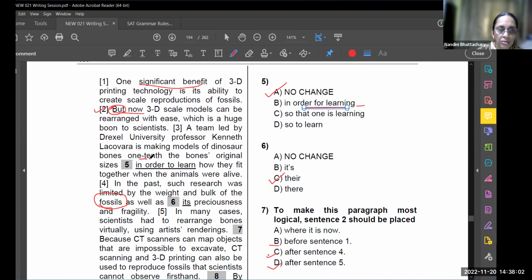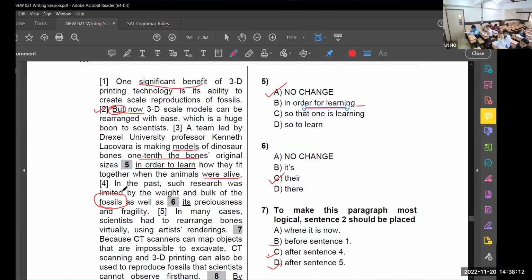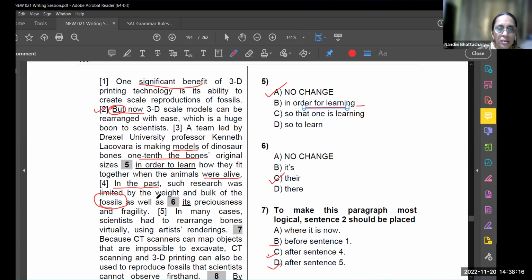So this is about making models, and in order to learn how they fit together when the animals were alive. Now 4 says in the past such research was limited by the weight and bulk of the fossils as well as their preciousness and fragility.